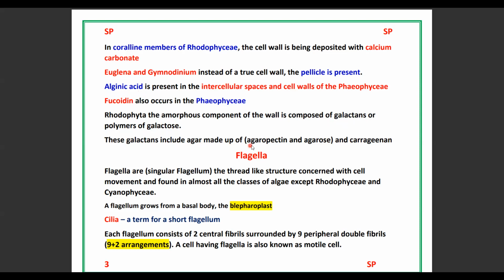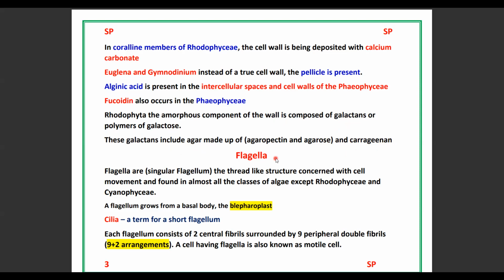The agar is made up of agaropectin and agarose. And another type of galactans is carrageenan. So in the Rhodophyta, in the cell wall, polymers of galactose or galactans are present. Best examples of the galactans are agar and carrageenan.